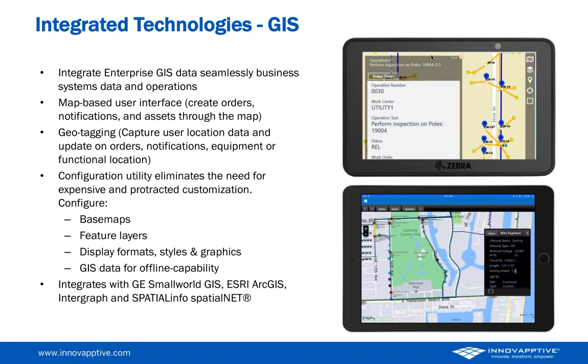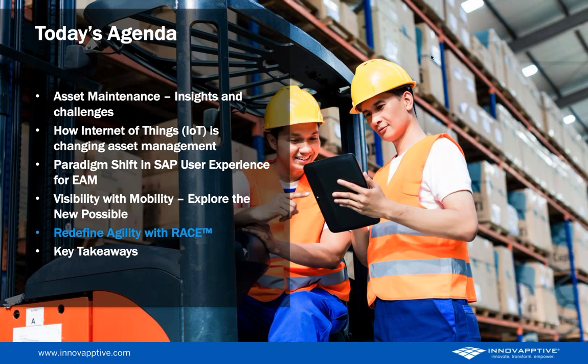So, out of the box, there are multiple options for GIS integration, leveraging the key players in the map and GIS space: GE Smallworld, Esri, Intergraph, Spatial Info. So, the solution has the capability to integrate all that. And then what it gives you is a configurable element where you can configure base maps, feature layers, GIS data for offline capability, geotagging, and then a map-based user interface to drive functionality for your end users.